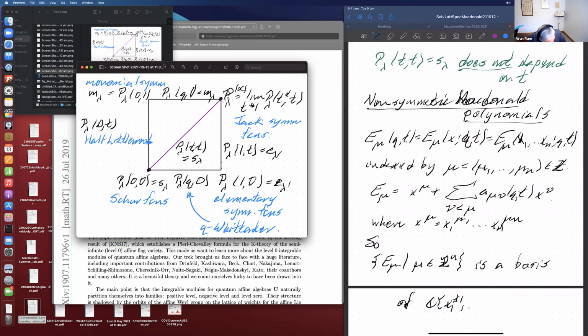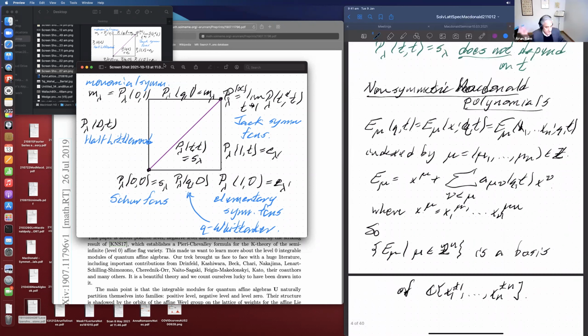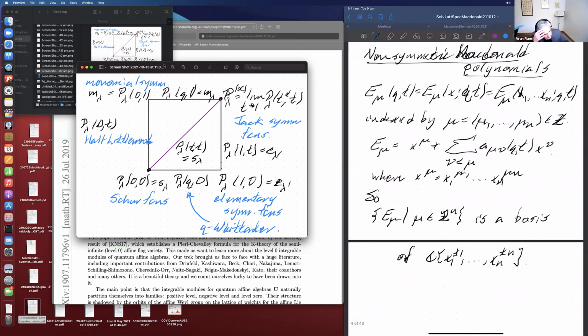So I'm working with Laurent polynomials in n variables. In the same way that the P's were a basis of symmetric functions, the E's are a basis of all polynomials. And I have another basis, which is my x^mu's, mu in Z^n.